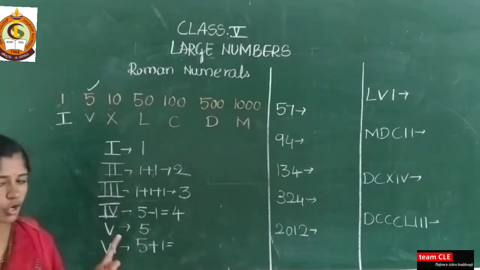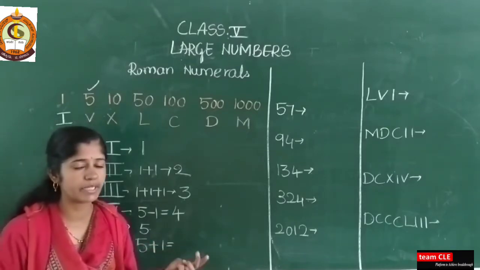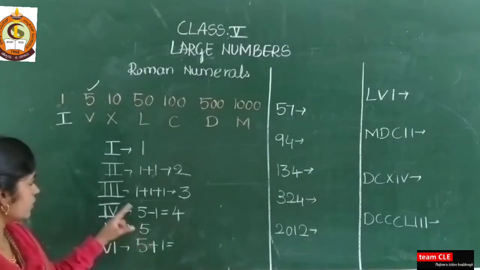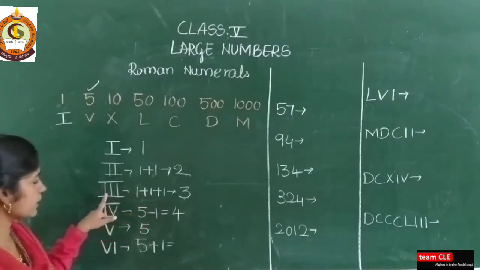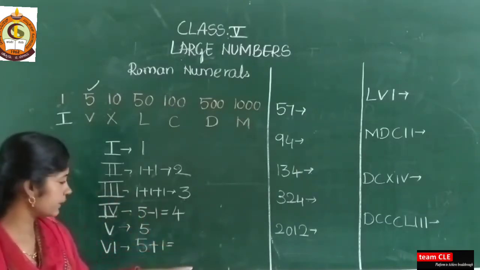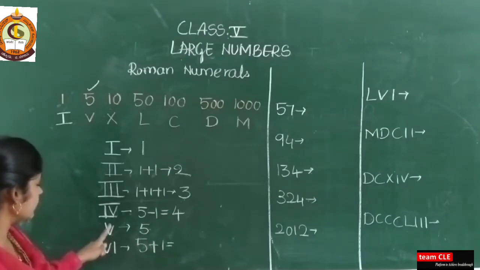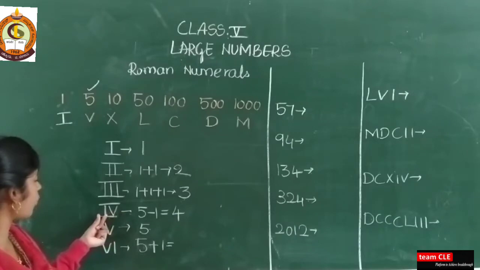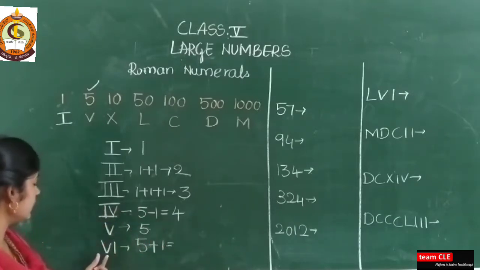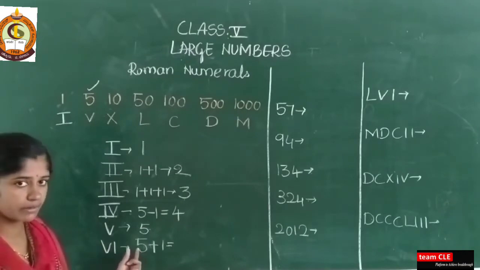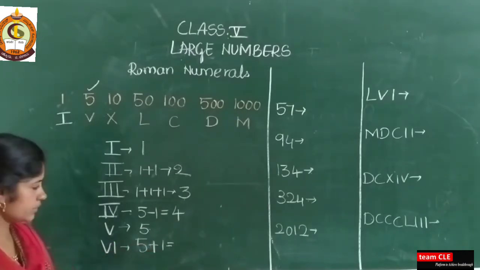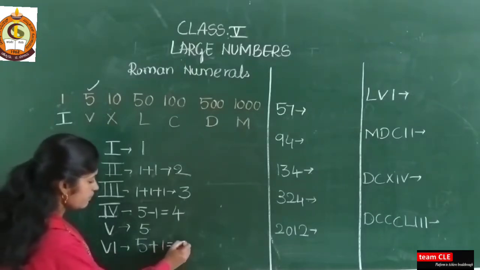See here I taught 3 rules: rule of repetition, rule of subtraction and rule of addition. Any number will repeat only 3 times. If the smaller number is before the greater number, that is the rule of subtraction. If the smaller number is after the greater number, that is the rule of addition. So 5 plus 1 is 6.